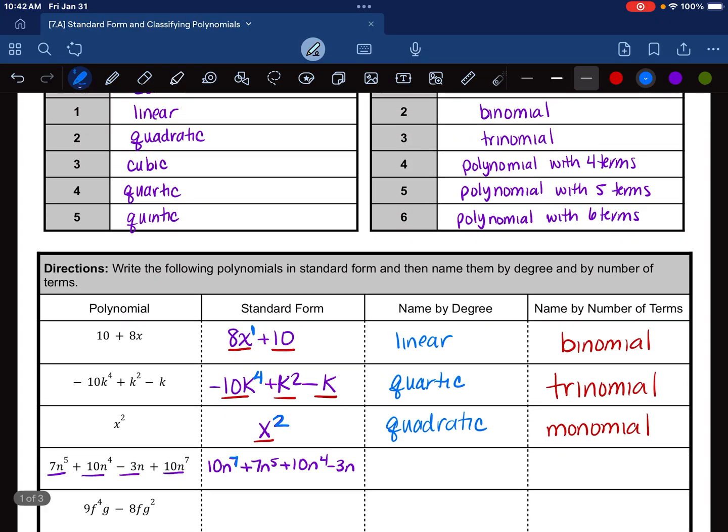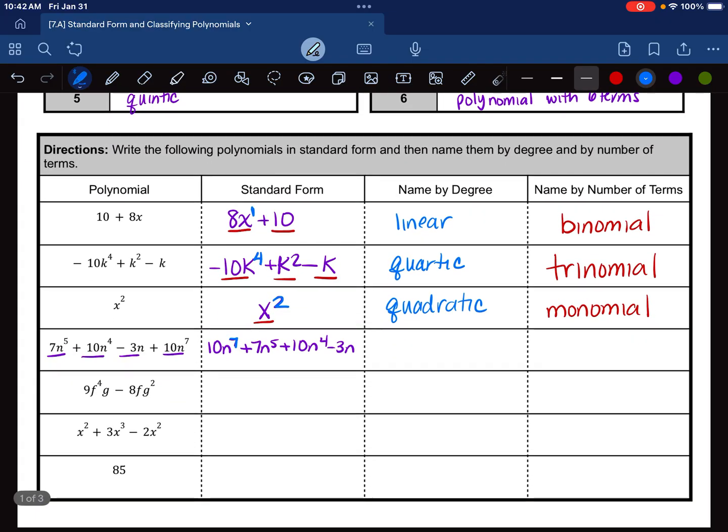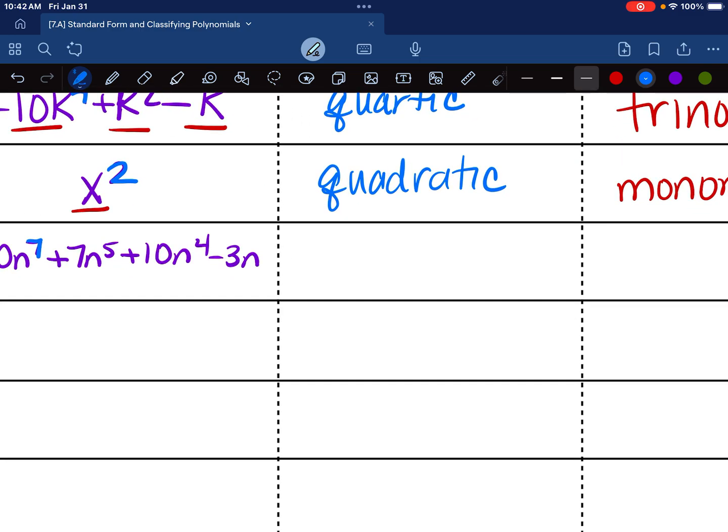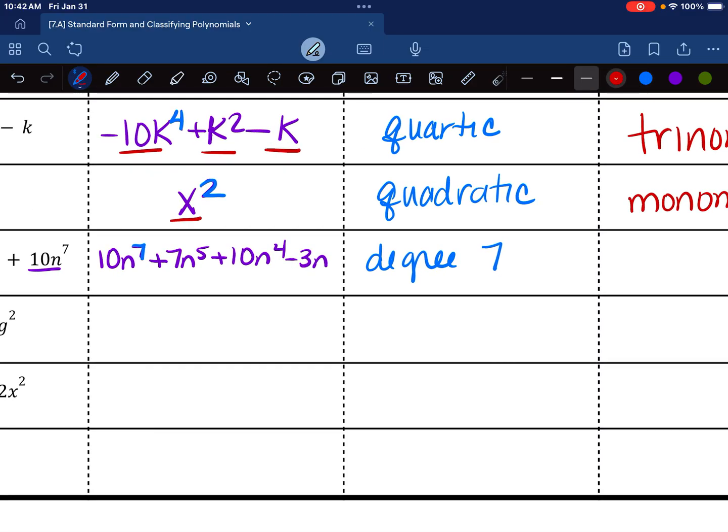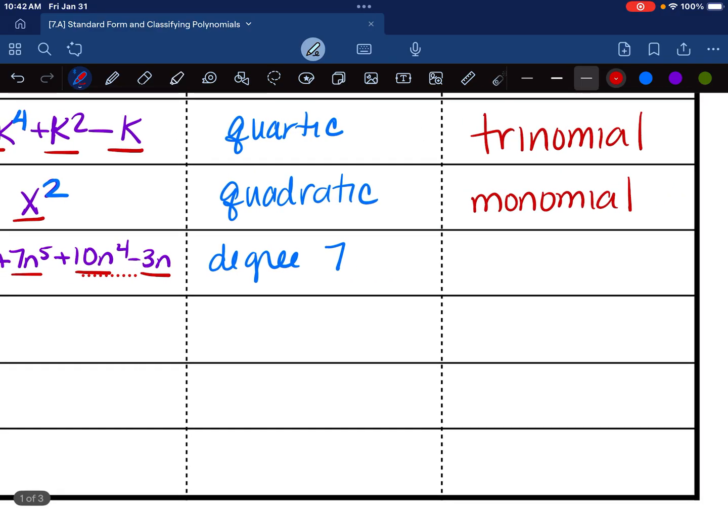Our little table doesn't have up to degree 7. So all that you do is you say degree 7. And then we have 1, 2, 3, 4. So you say it's a degree 7 polynomial with 4 terms. Okay, no real fancy names on that.